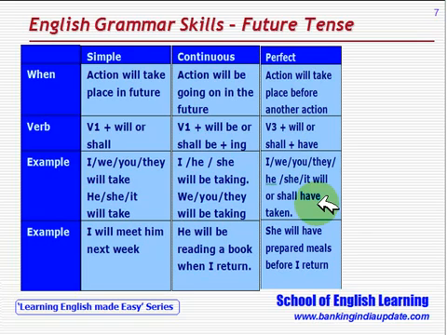Another example, she will have prepared meals before I return. The action will take place in future before another action. She will have prepared meals, one action, before I return, another action, in future.